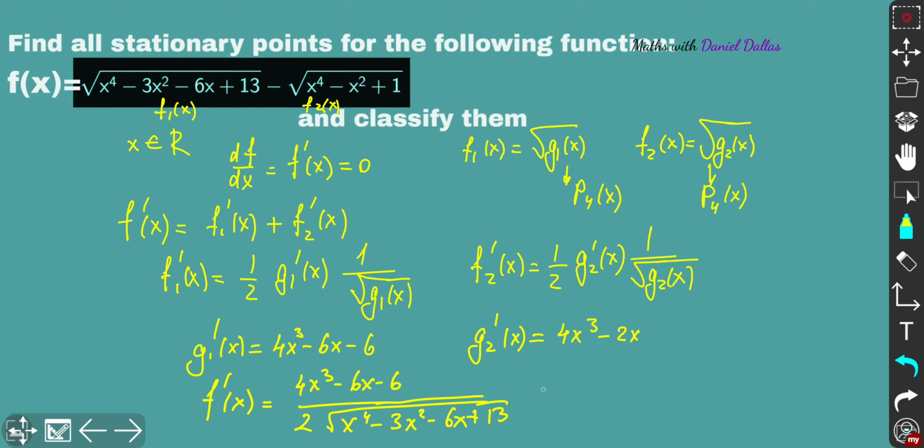Plus 13. And we need to add the second derivative that we got before. So the second derivative is going to be equal to 4x cubed minus 2x, okay? And we divide by 2 square root of x to the power 4 minus x squared plus 1.